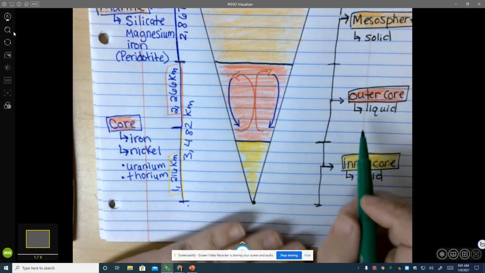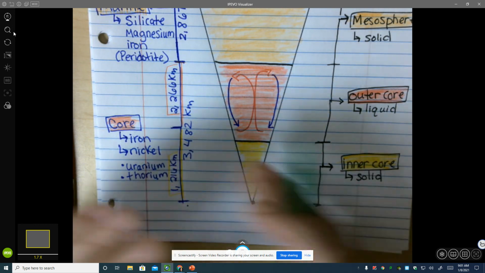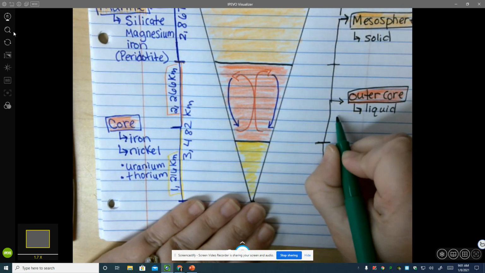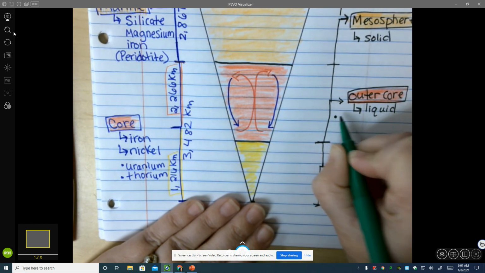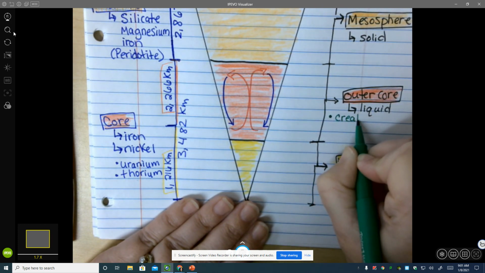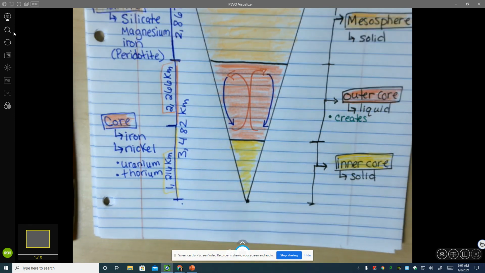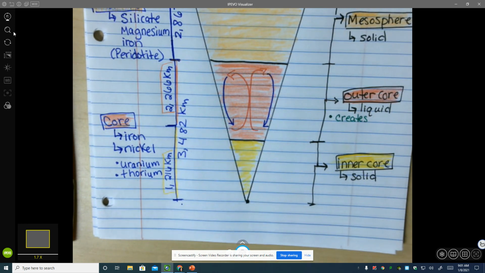Okay. The outer core, with the movement of the convection currents, creates something really important for our Earth. When you were reading, did you pay attention to what those movements in the outer core created along with the inner core?